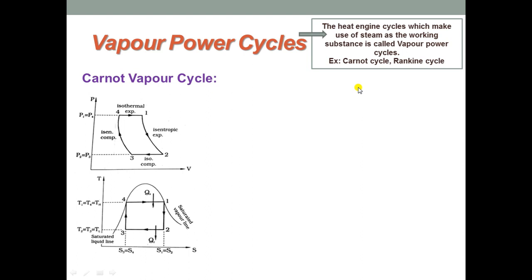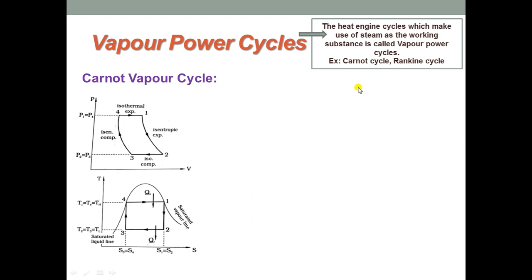The Carnot cycle is the most efficient cycle operating between two specified temperature limits. When steam is used as the working substance, the Carnot cycle is called a vapor power cycle.